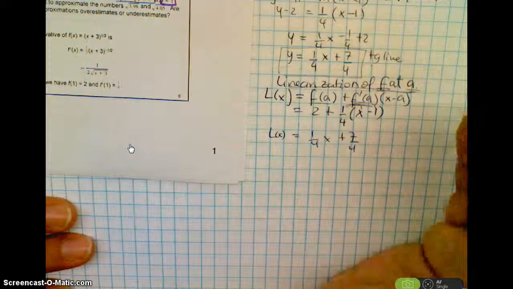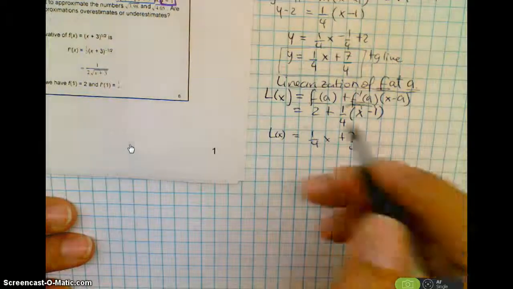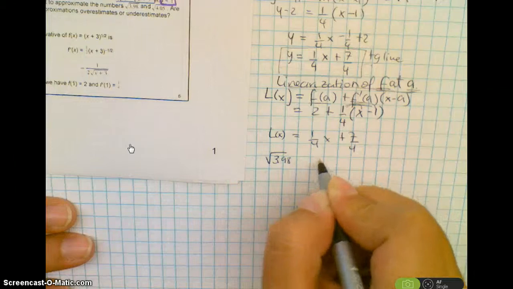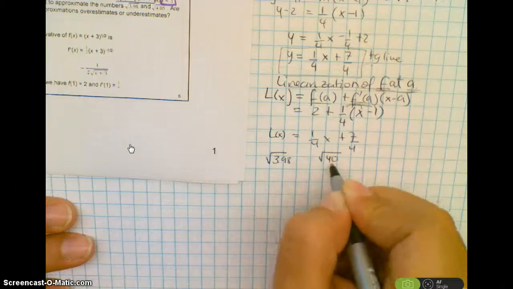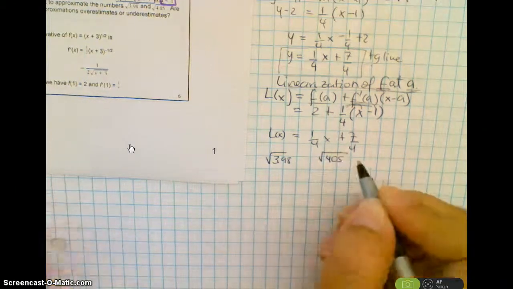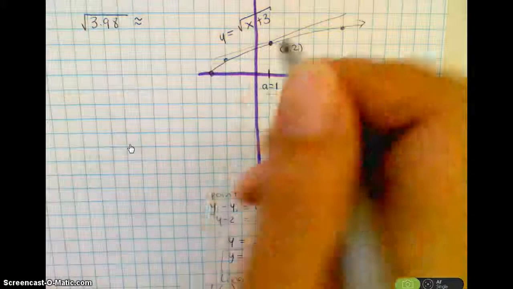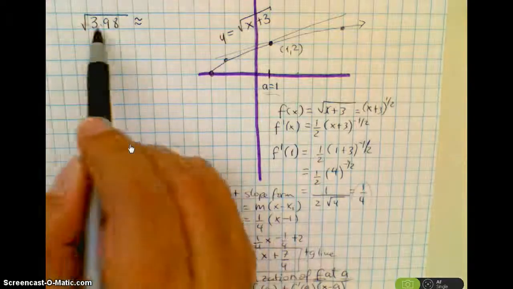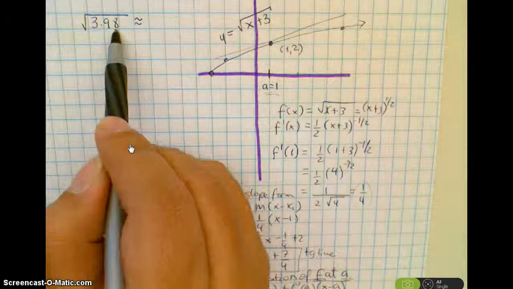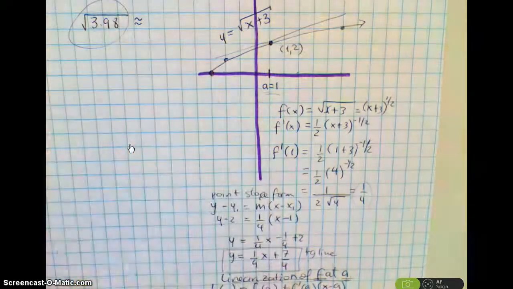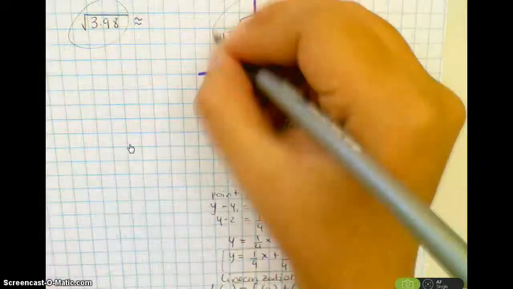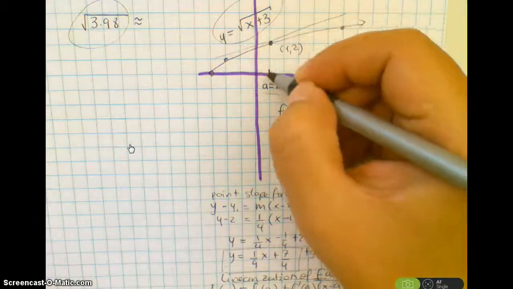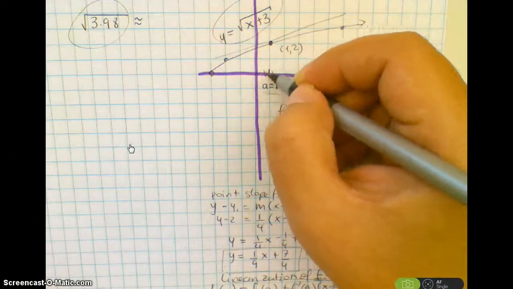So how do I use that to find the square root of 3.98 and the square root of 4.05? This is the way you have to think about it. X is not 3.98. That is the result that you're trying to figure out by using this function. And remember that the x's that you are dealing with need to be around 1.